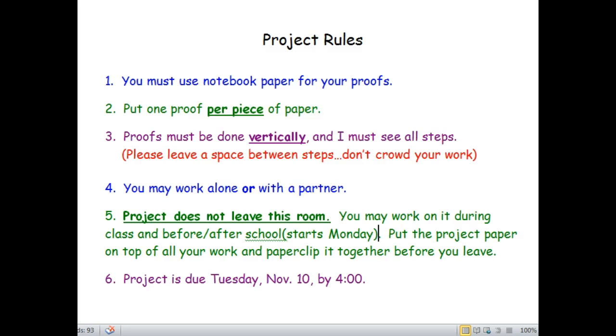Number 5. The project does not leave this room. You may work on it during class and before and after school. The before and after school starts on Monday, so you can't start staying after until Monday, okay?